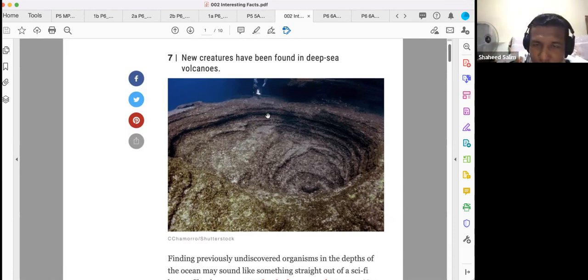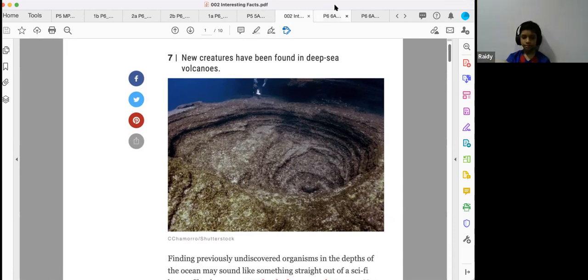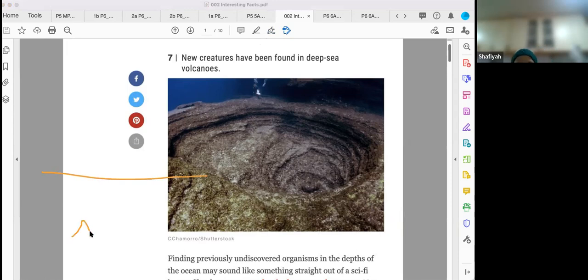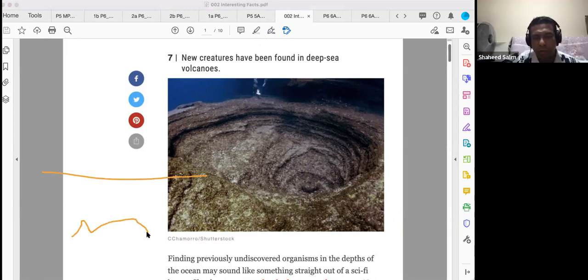Let's say now this is the ocean. I'll just draw it for you. When I was your age, I didn't know we had so many things in the sea. I didn't know you have mountains, and sometimes the land goes up, sometimes goes down, and sometimes you have a very deep abyss, that means a very deep hole.